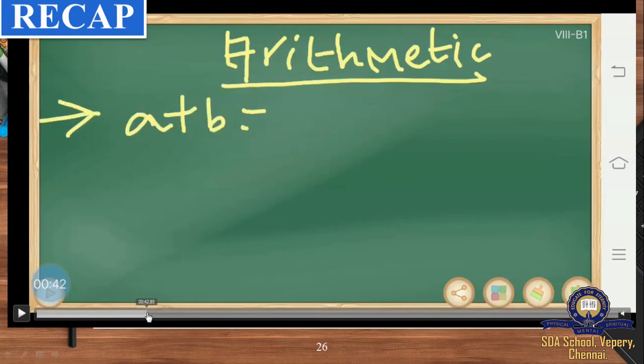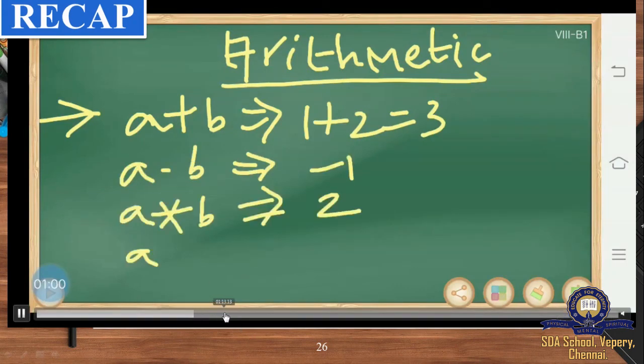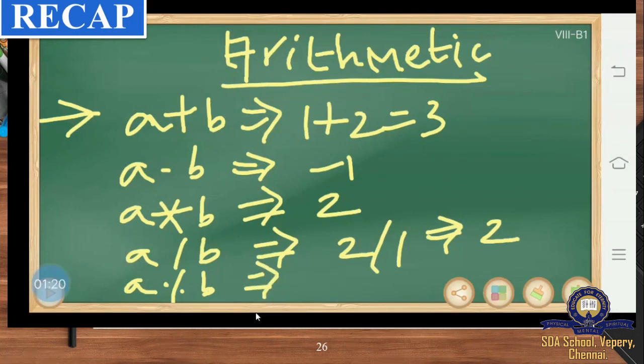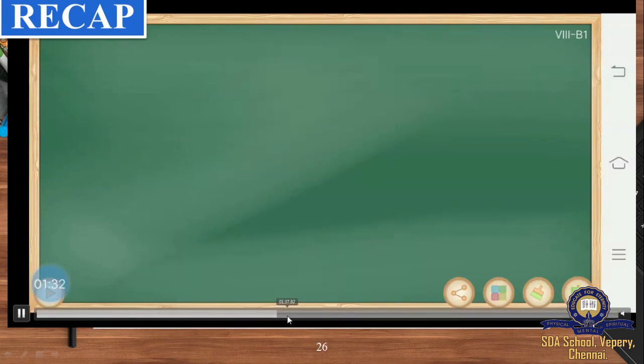Arithmetic means addition, 1 plus 2 equal to 3. So this will be printed for all the operators: A minus B, A star B, A slash B, and A modulus B. What happens when A modulus B? It gives you the remainder. Now I am going to divide 4 by 2. 2 2s are 4, it will be cancelled, so there won't be any remainder. So the value is 0. This is how the modulus works.